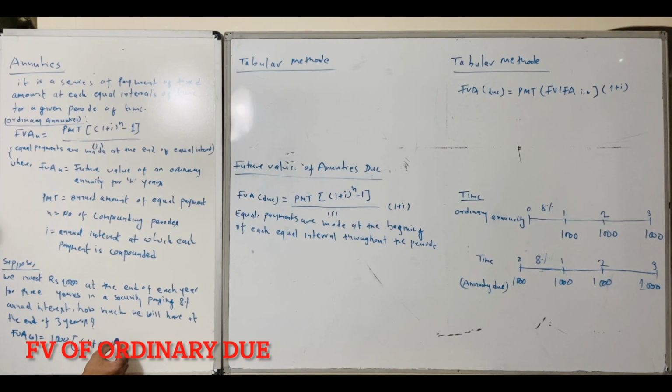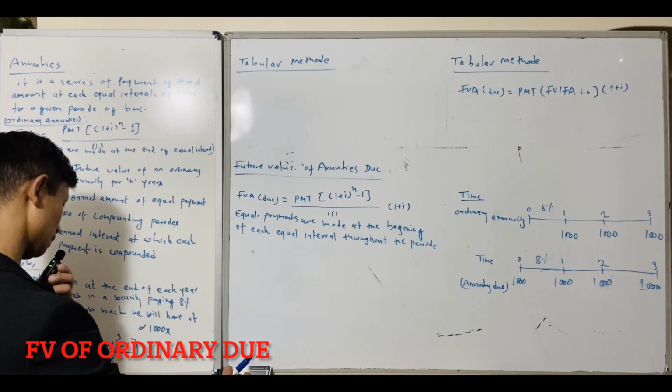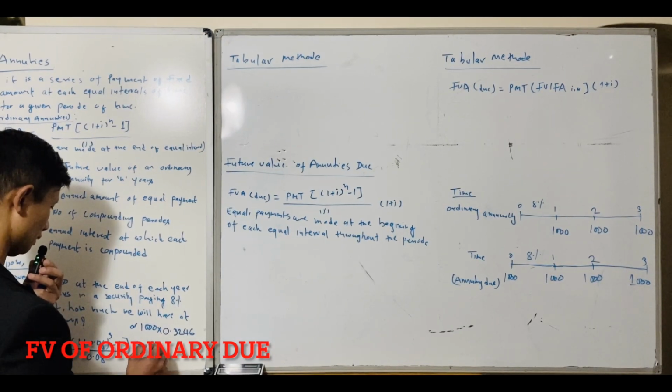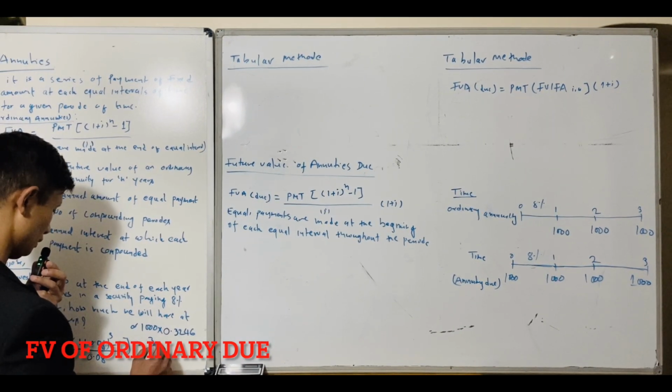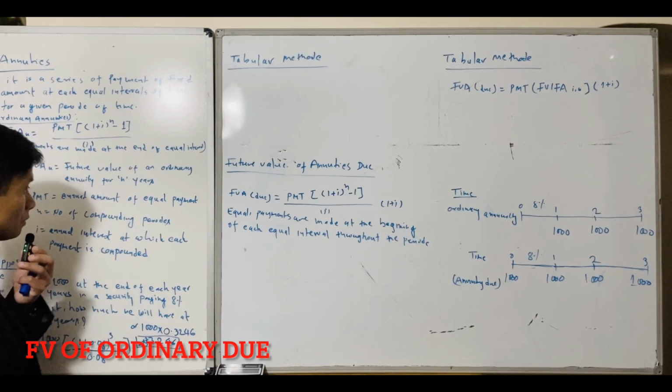Then n is the number of years, which is 3, minus 1. So 1000 times (1.08 to the power 3 minus 1) divided by 0.08, and the final is 3246 rupees. This is the final amount.